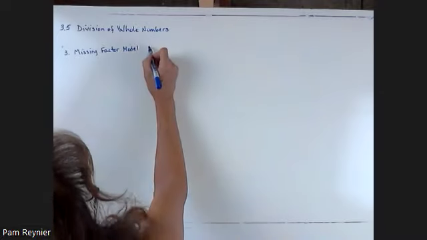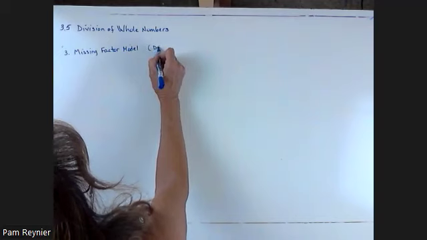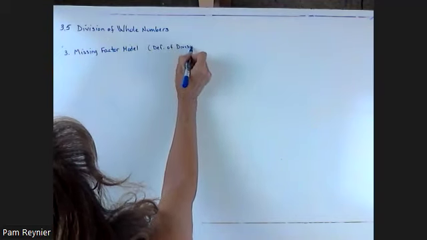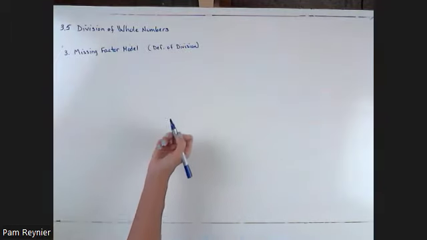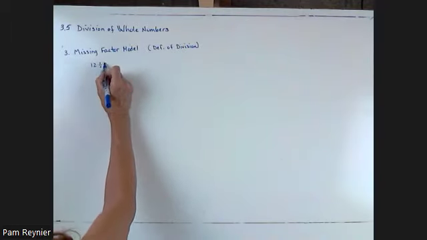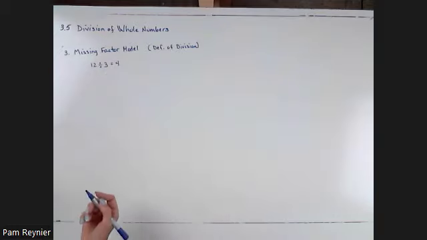It's using the definition that we talked about at the beginning. So this is the definition of division. So if you recall, I'm going to set this up again, 12 divided by 3, and we know it equals 4. I'll show you in a moment.